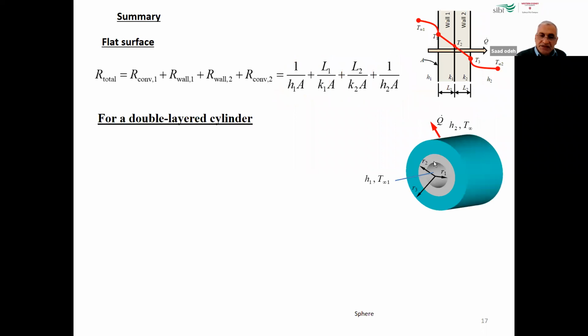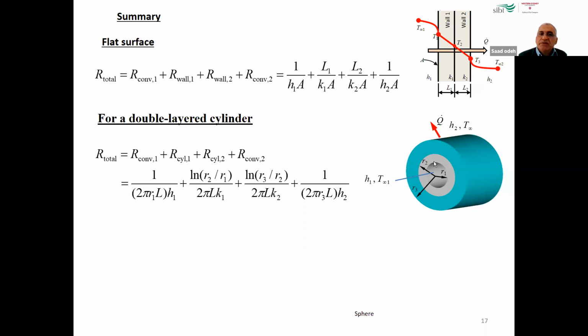And then for cylinders, if we have multi-layer cylinders, as you can see here, we have not only one cylinder, we have 2 cylinders. So we do the same thing we did with the wall, but we have to consider the cylinder equation here.